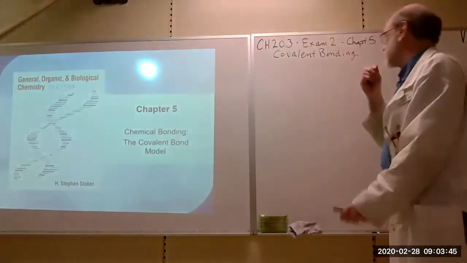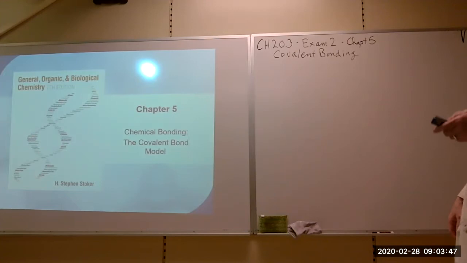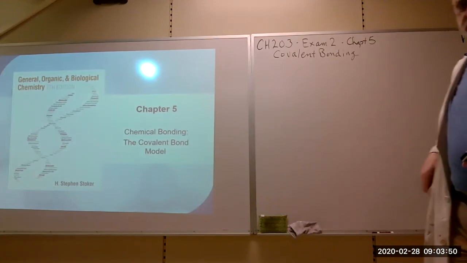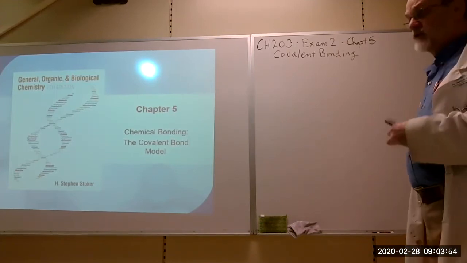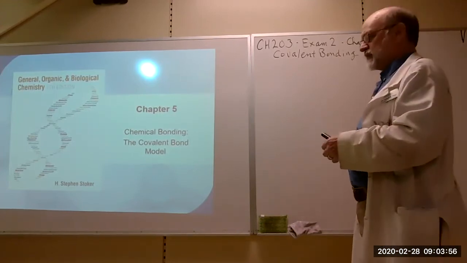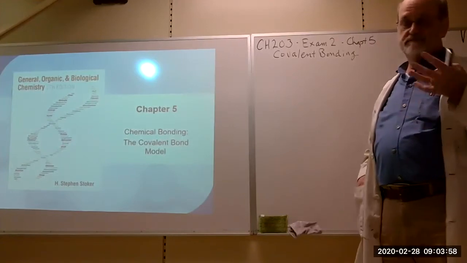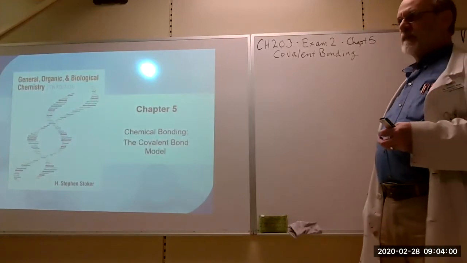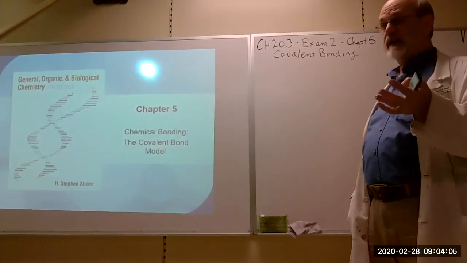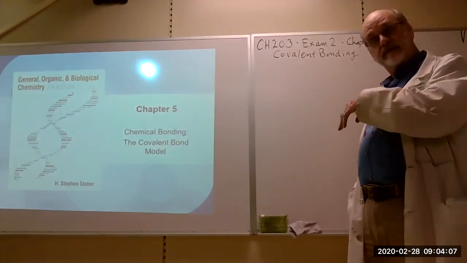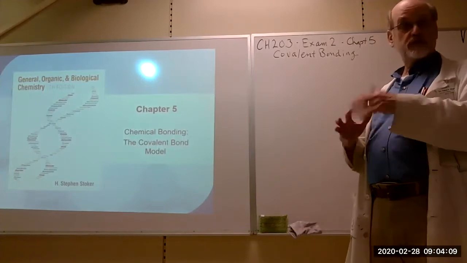Here we go. Chapter 5. Covalent bonding. We talked about ionic bonding as our starting position because it's the simplest one to theorize. That is, you just need a positive ion or cation, a negative ion or anion, and just be sure the charges are balanced.